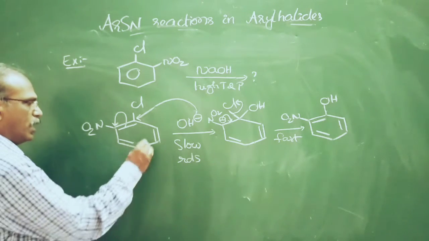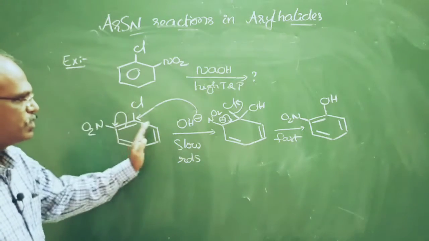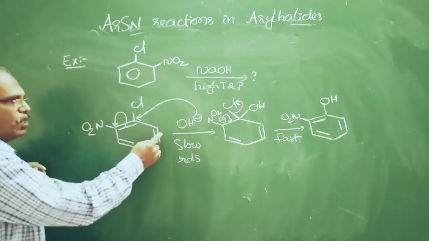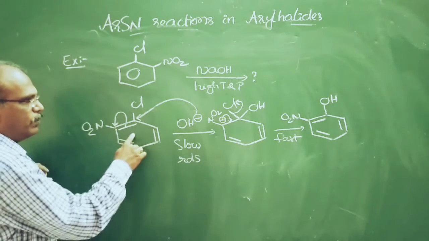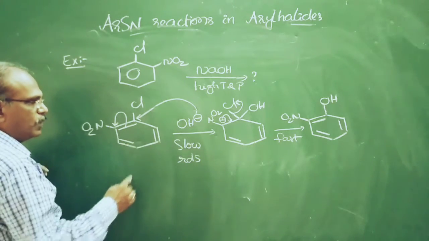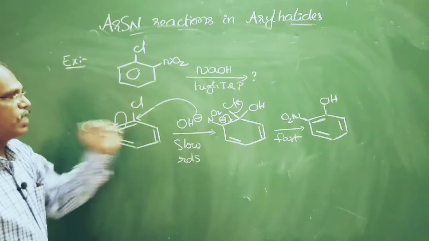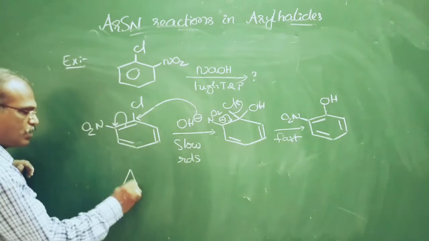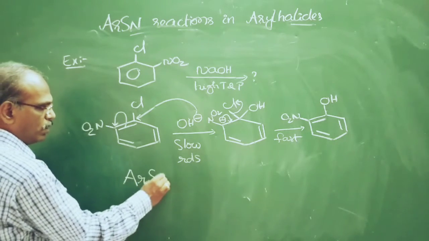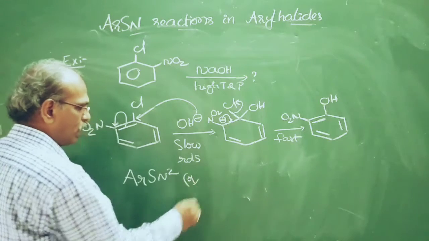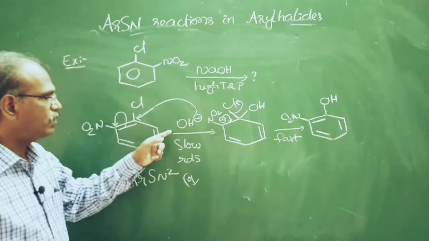Therefore, the rate depends on this step. Okay. See the molecularity. This aryl halide plus nucleophile. Two molecules are involved. So this is a bimolecular reaction. Again, this is also an Ar-SN2 reaction.